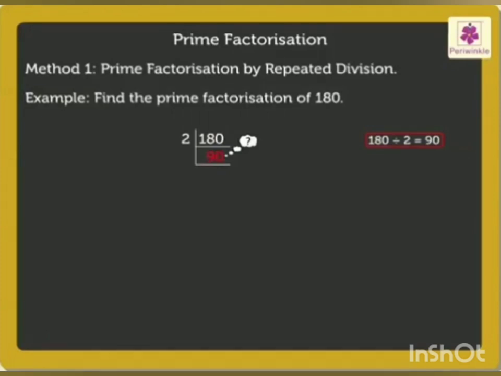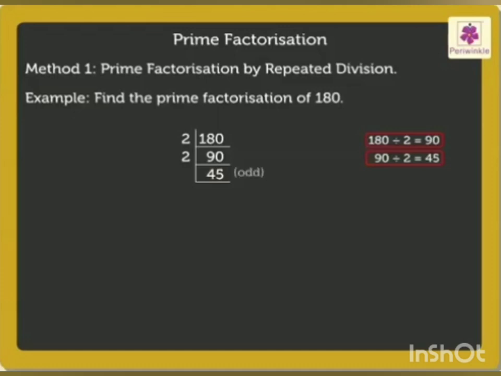As the number 90 is an even number, it is divisible by 2. On dividing 90 by 2, we get 45, which we write below 90. Now we have to divide 45 by the smallest prime number.